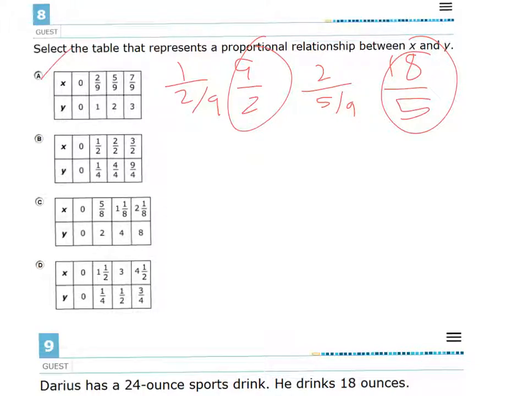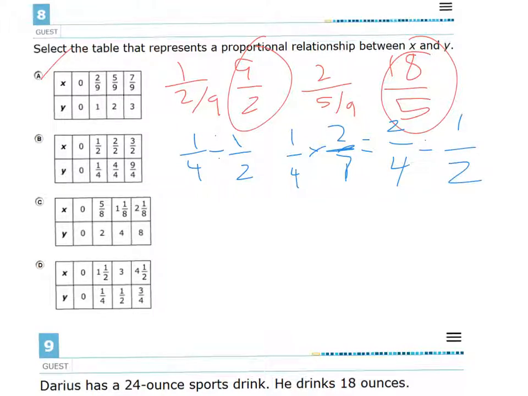So that's incorrect. Now for letter B, I have 1/4 divided by 1/2, which would mean 1/4 times 2/1, which is 2/4, and that simplifies to 1/2.